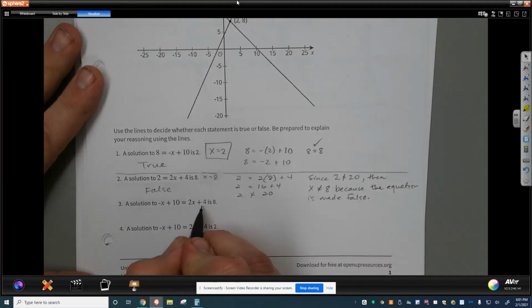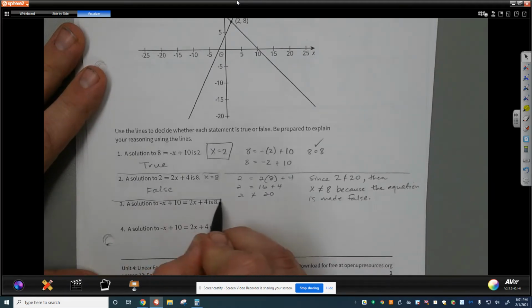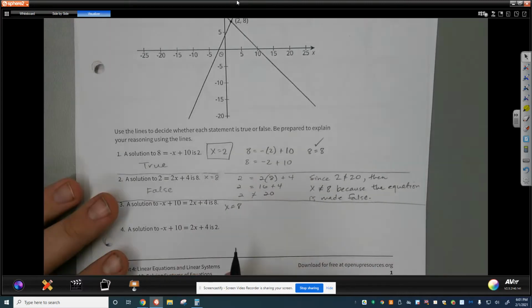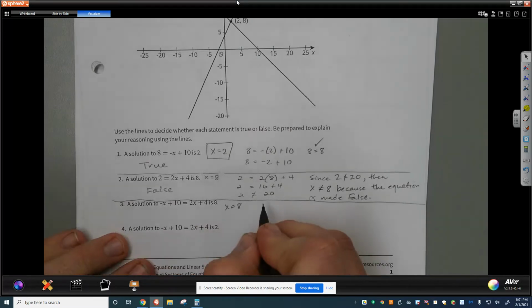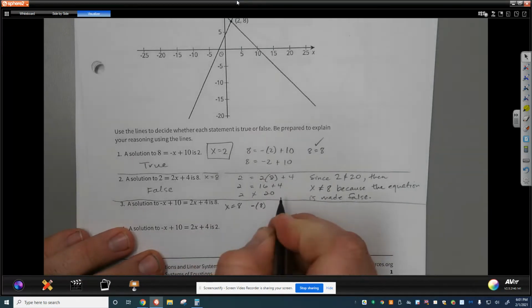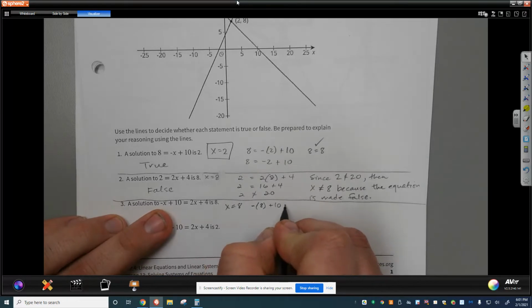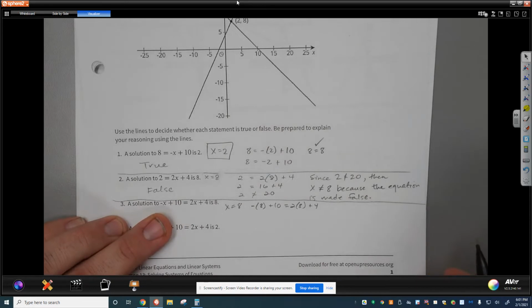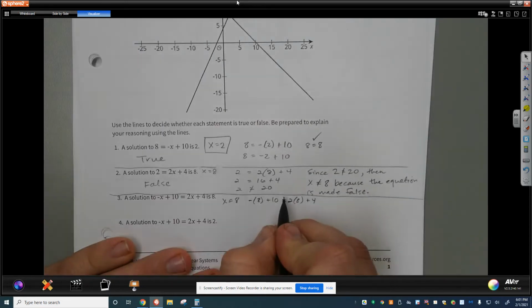So now when we look at the next one, we're saying that the solution here is x equals 8. You'll notice I didn't circle that on there. It's because it's false. Well, I'm going to go ahead and substitute. The opposite value of 8 plus 10 is equal to twice the value of 8 plus 4. And I'm verifying if this is really a true statement.